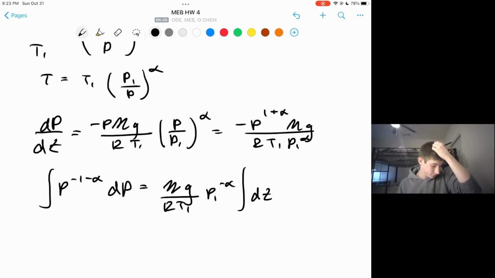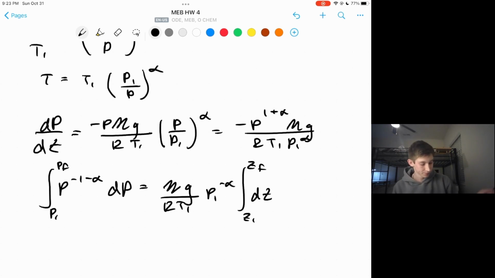So for the parameters, we're just going to do P1 and P final, and Z1 and Z final. And remember, P1 and Z1 are our initial conditions, and Z represents the altitude.